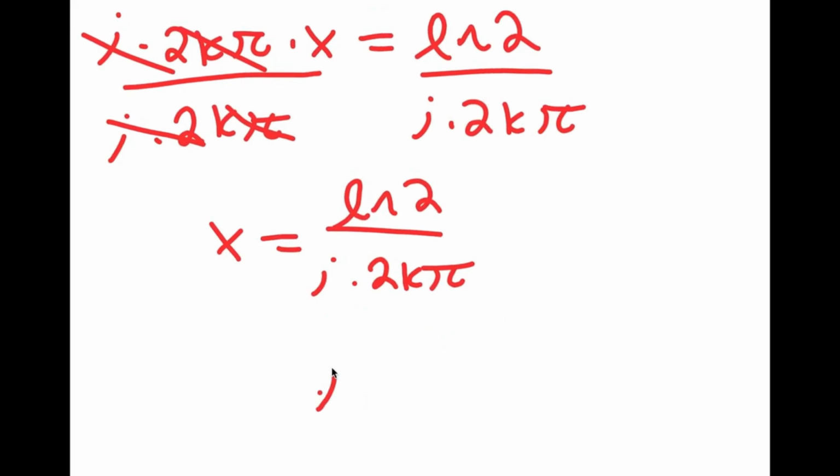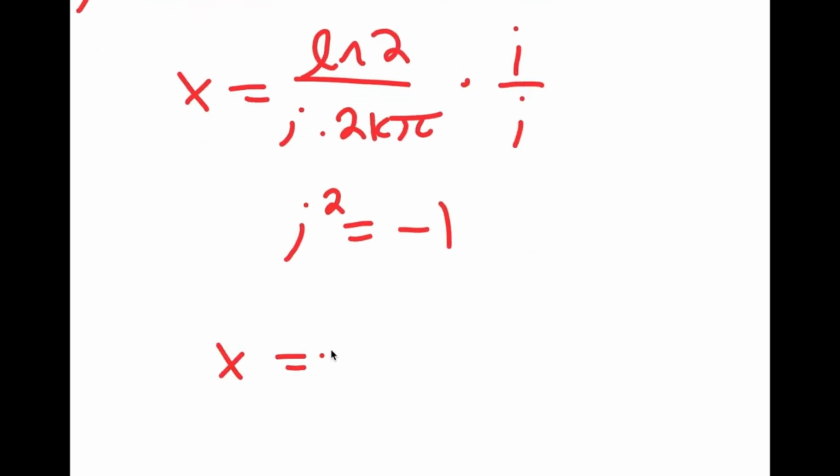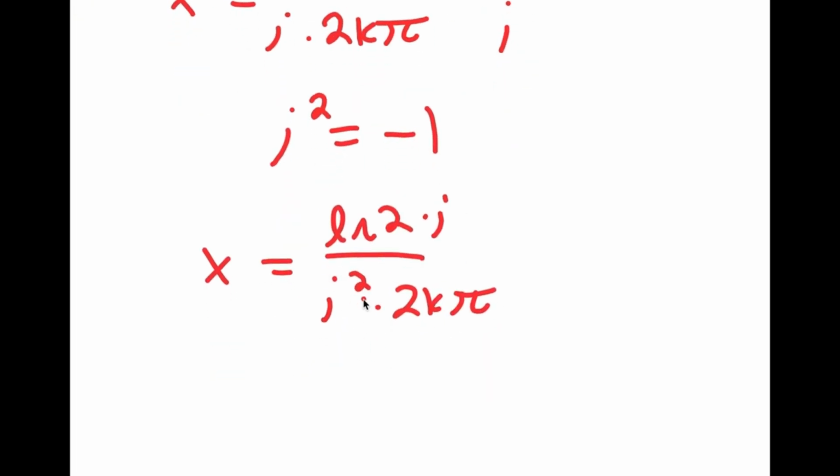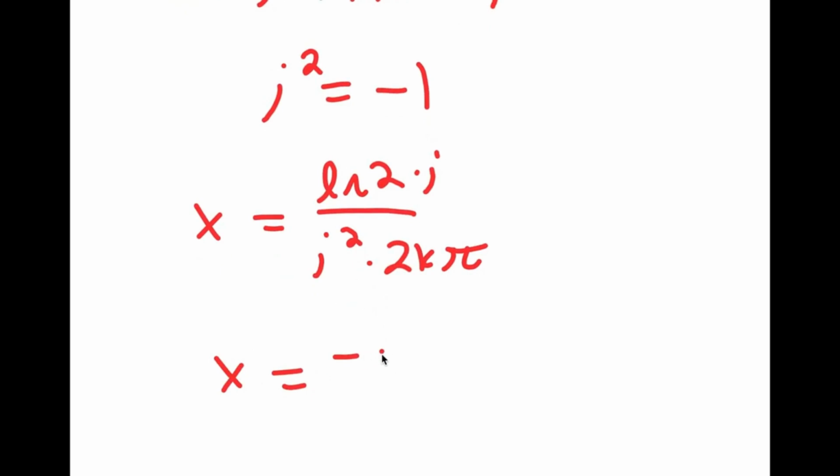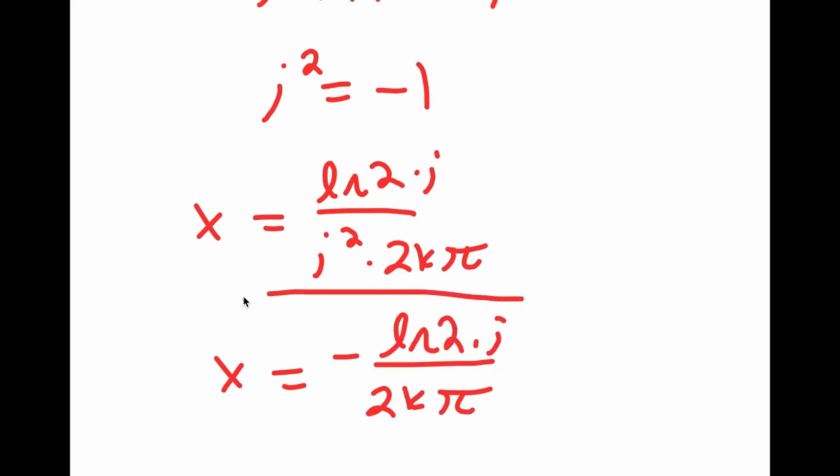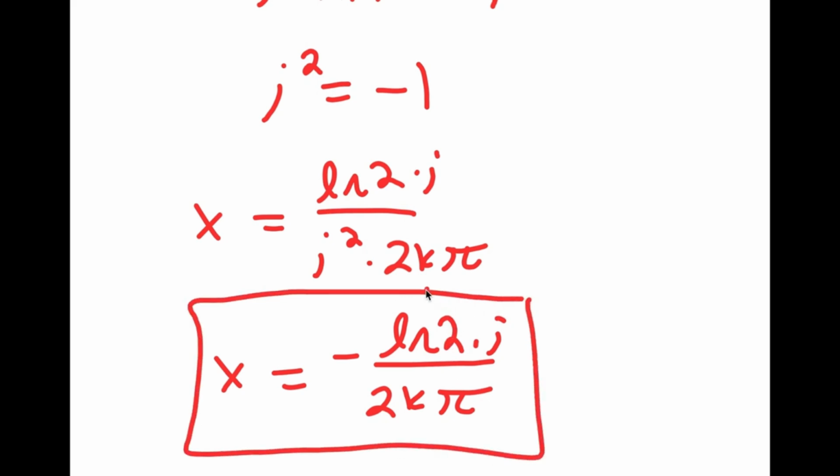And now remember, i squared is equal to negative 1. So I'm going to multiply i on both sides. So I get x is equal to ln 2 times i over i squared times 2k pi. And i squared is equal to negative 1. So I get x is equal to negative ln 2 times i over 2k pi. So this is my final answer to this equation.